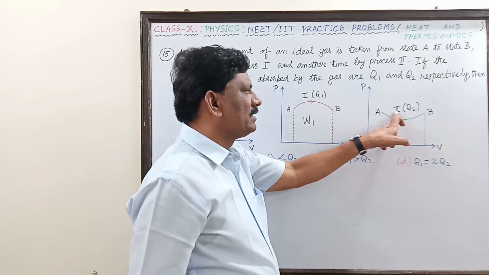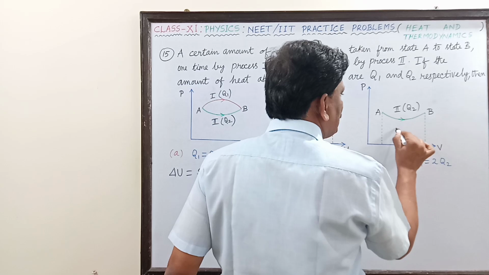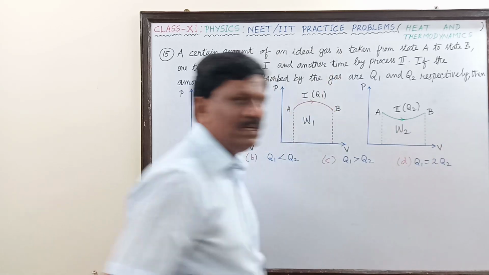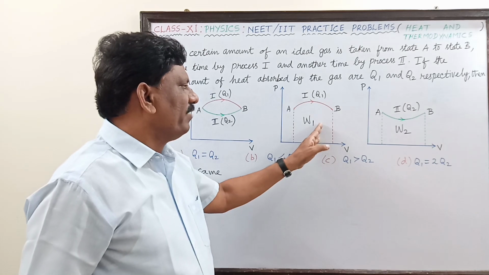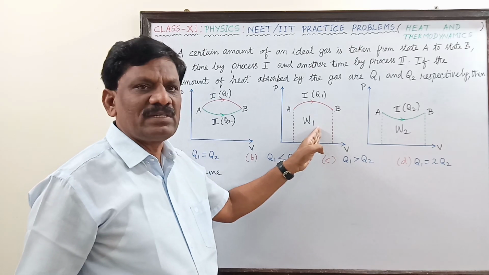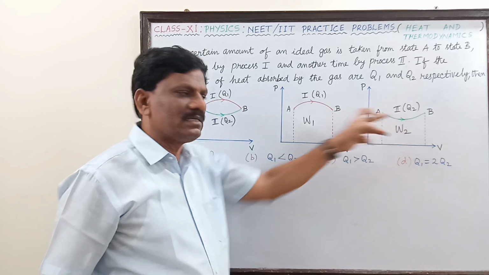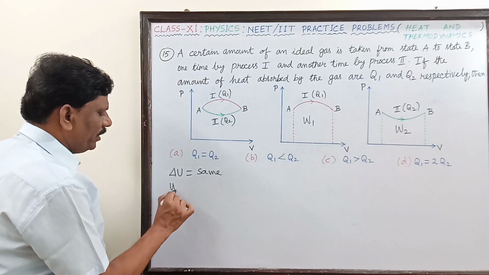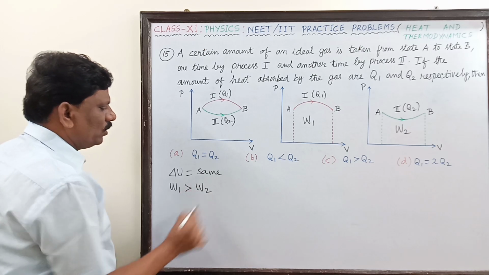Similarly, in the second process, the area under this closed portion is taken to be the work done by the gas, W2. So I find that the work done in process 1 is greater than the work done in the second process. So I will write that W1 is greater than W2.